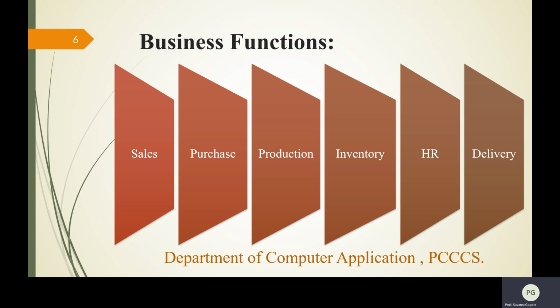It is not at all necessary that every business will have all of them. Businesses that just purchase the product, package it, and sell it may not have production. Some businesses purchase raw material, produce goods, package them, and then sell them, so they do have all sections. According to business needs, business functions also vary.